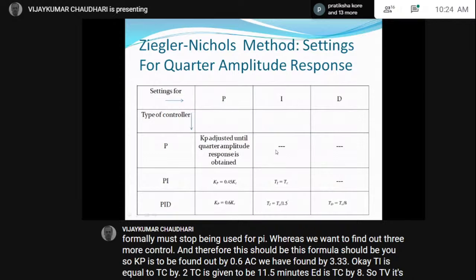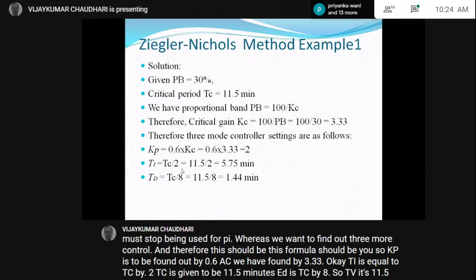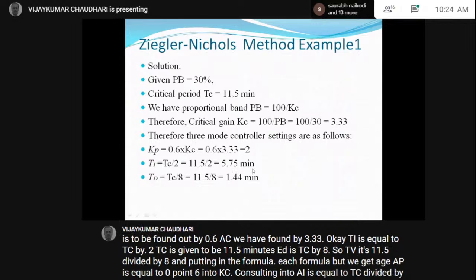Putting in each formula, Kp is equal to 0.6 into Kc, which comes out to be 2. Ti is equal to Tc divided by 2, which comes out to be 5.75 minutes, and Td is equal to Tc by 8, which comes out to be 1.44 minutes.